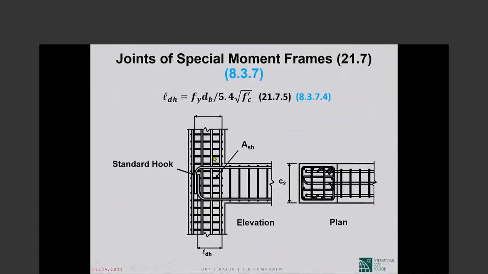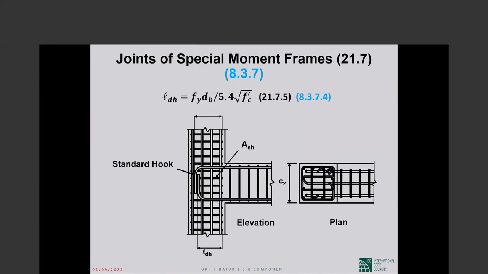Now, hooked bar development length. The text says, if you have top bars, remember top bars are bars that have at least 12 inches of concrete cast in one lift underneath the bar. If you are terminating straight top bars at an exterior joint, the required development length would be 3.5 times the hook bar development length.